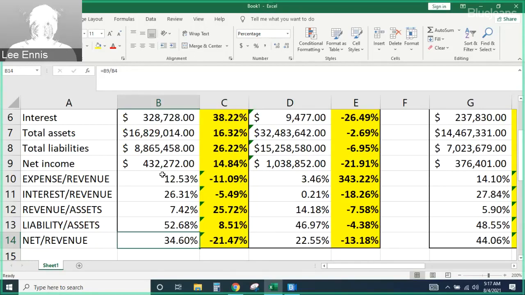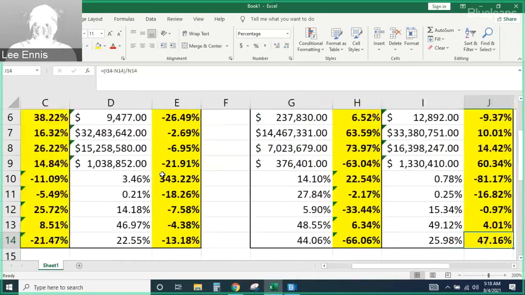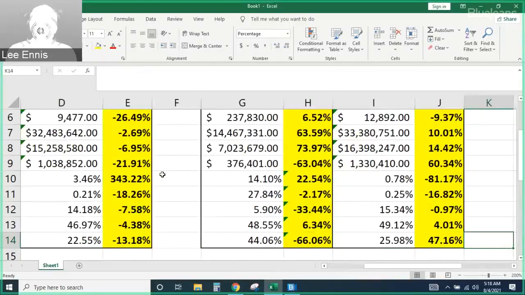And so now the script is flipped, and it looks like MPW is a better run company because they're keeping more of their money. Now, both of these guys had a decrease in 2021. MPW had another decrease in 2020. Welltower was increased. But again, we're looking at 44% versus 25%.